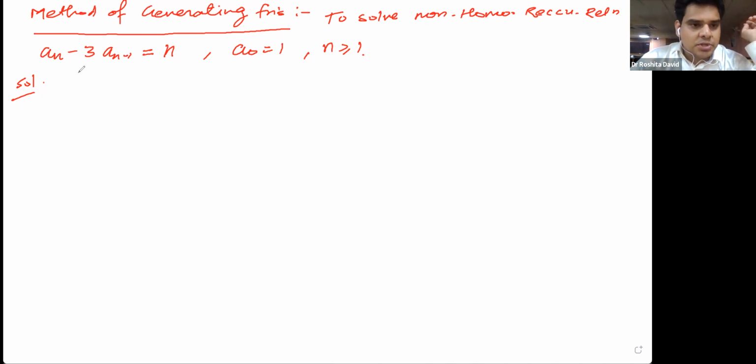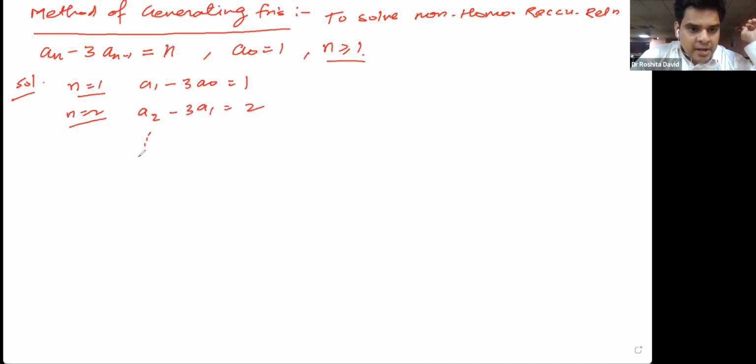We have so many equations here. If we start from n is equal to 1, we have a1 minus 3a0 is equal to 1. For n is equal to 2, the equation is a2 minus 3a1 is equal to 2.